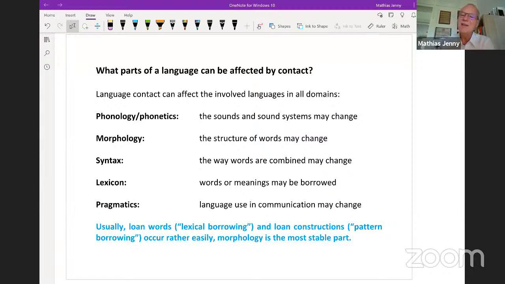So in Burmese, again, you easily take English loan words. So again, it's no problem to use telephone in Burmese, but it would be much more difficult. It would take much more time and more intensive contact for Burmese to take over the English plural, for example. So to say telephones. Morphology is more stable, but basically everything can be affected.